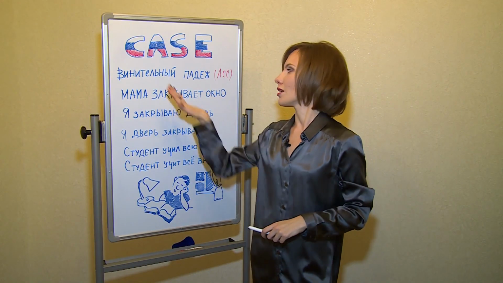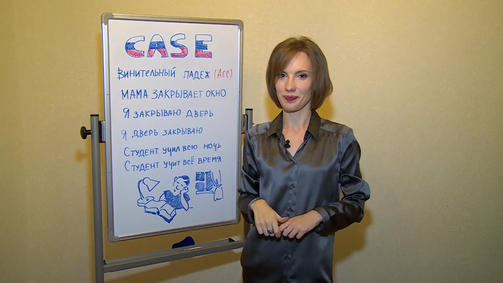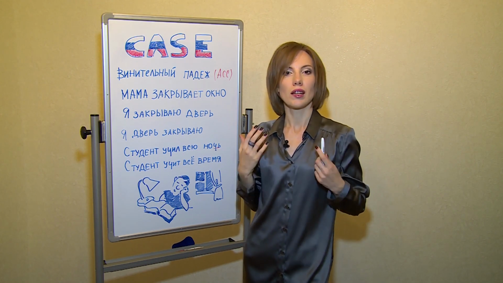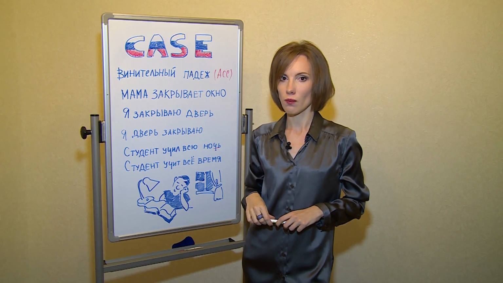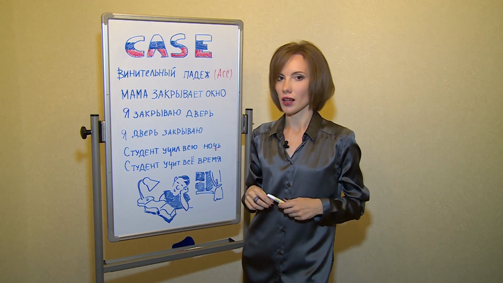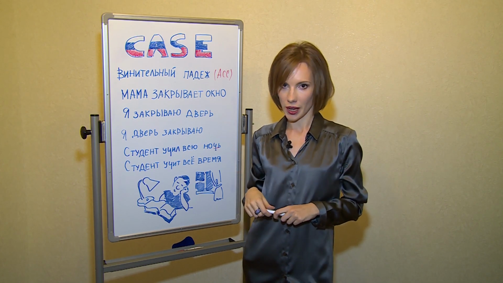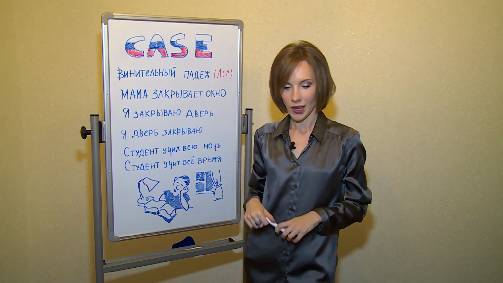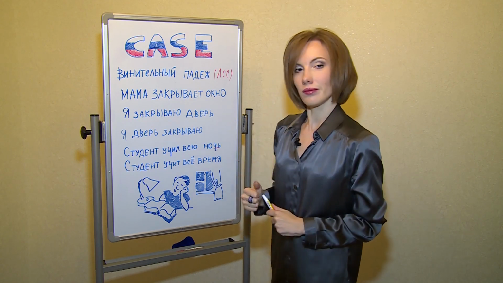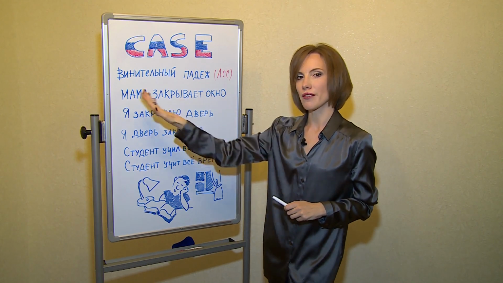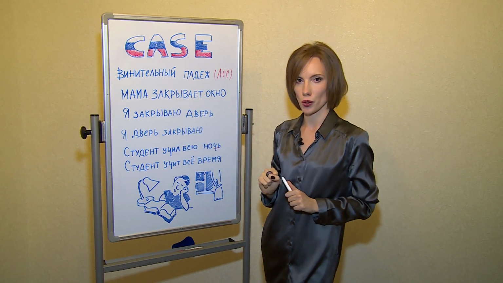Accusative case, винительный падеж. In Russian, the subject is in its nominative case form, while the object is in its accusative case form. Мама закрывает окно. Mother is closing the window.